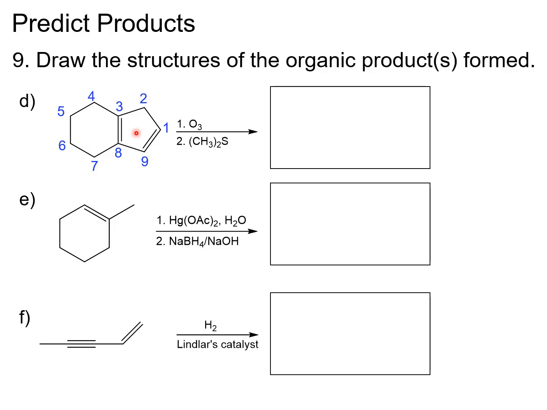But the rest of these carbons are still going to be connected. So by making those two cuts, do I have two molecules as a product or only one? Only one here. 3 and 8 are no longer connected. 1 and 9 are no longer connected, but 8 and 9 are, and 1 and 2 are. So we're going to have a really long chain.